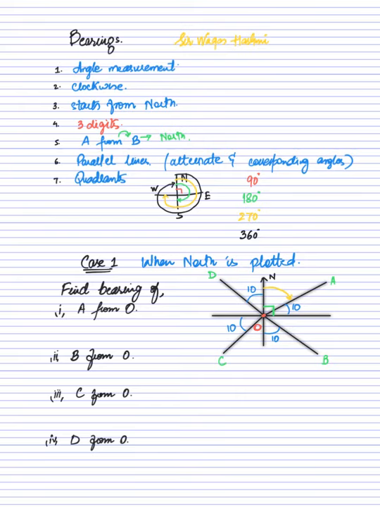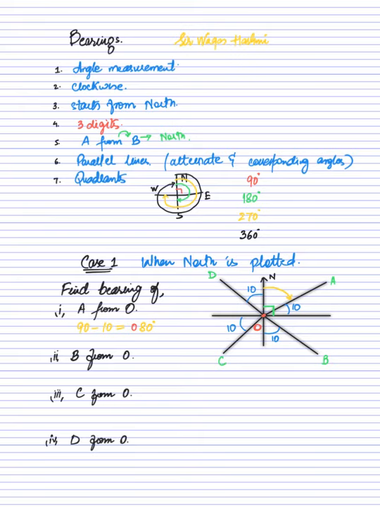For the first one, the angle will be 90 minus 10, which is 80 degrees. But that is not your answer. As stated in step number 4, the answer must be in 3 digits, so you must enter the 0 at the beginning. So 080 is the answer of the first part.